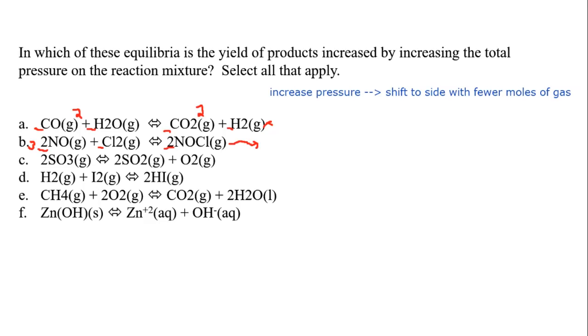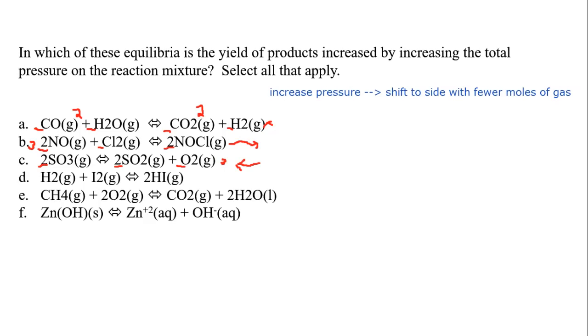In C, we have 2 moles on the reactant side and 3 moles on the product side. So if we increase the pressure, it's going to shift to the side with fewer moles of gas. It's going to shift to the reactants.